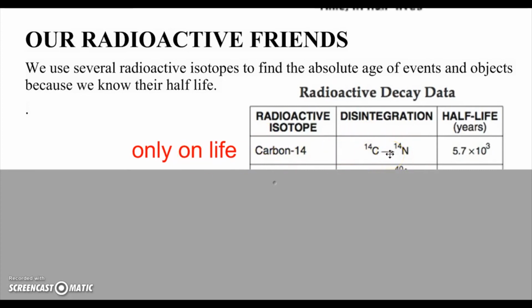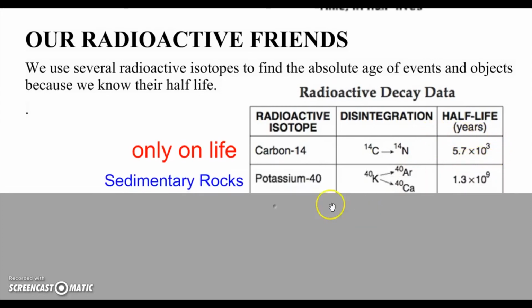So you can't use carbon-14 on a stone tool or something that somebody made in a cave. That's 5,700 years. Okay? Sedimentary rocks, we can use potassium-40, which breaks into argon and calcium. Okay? That has a lifespan of 1.3 billion years.